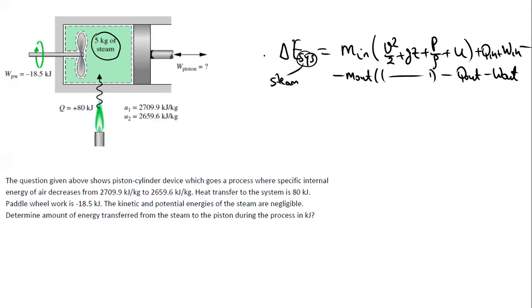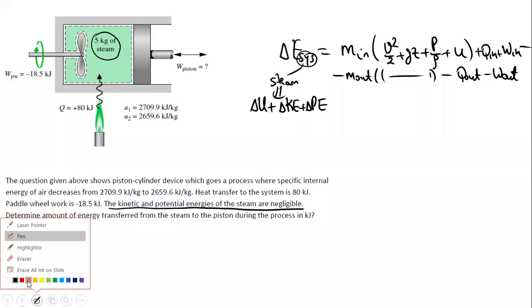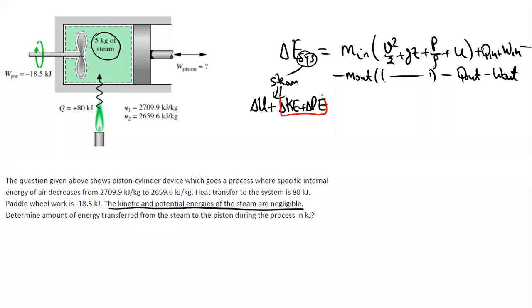You can see it moves, and during those processes the system energy, or the steam energy, can change. As I've stated, it can change as internal energy, potential energy, or kinetic energy. But as the question states, and as I've said, in most thermodynamic devices we don't consider this part. This part is 0, and the only remaining term is the internal energy change of the steam. Since this one is closed, this term is 0, this term is 0, closed.